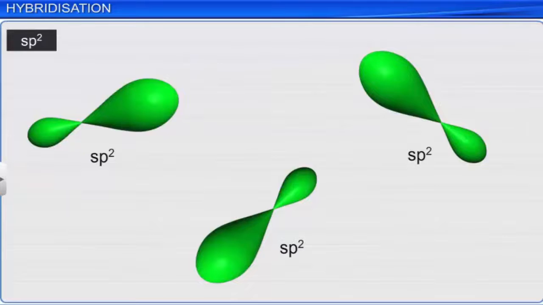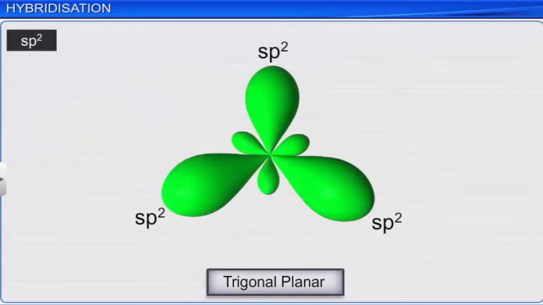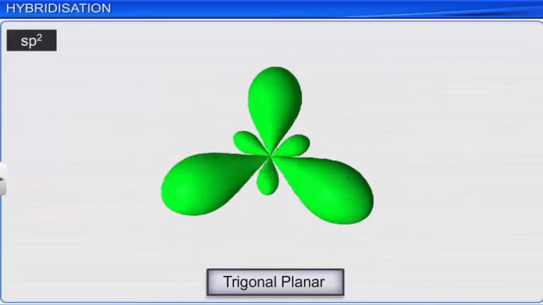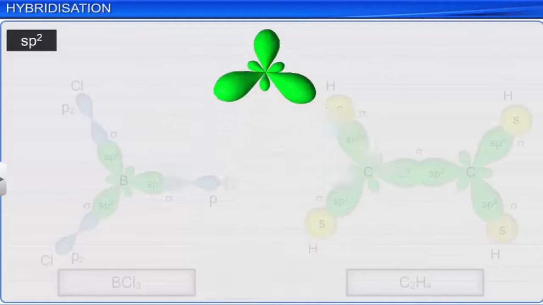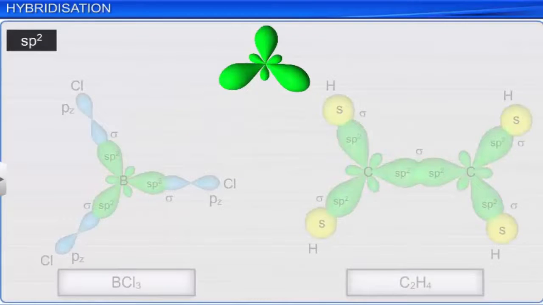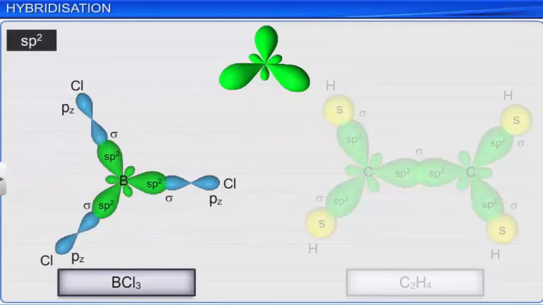They have a trigonal planar arrangement, and the angle between two orbitals is 120 degrees. Some compounds whose central atom displays sp2 hybridization are BCl3 and C2H4.